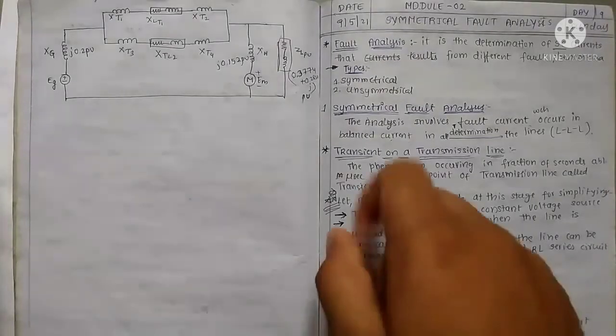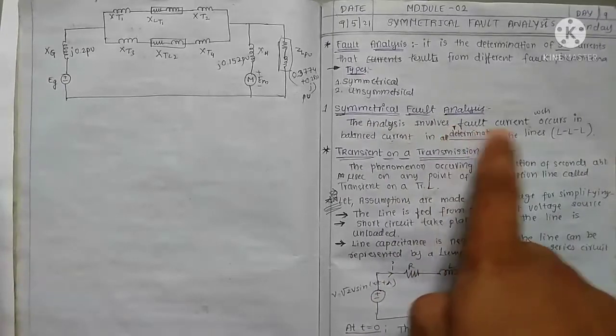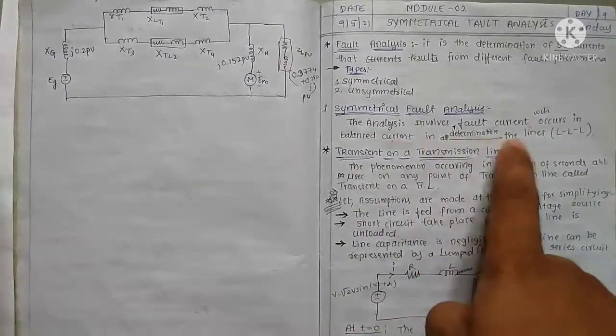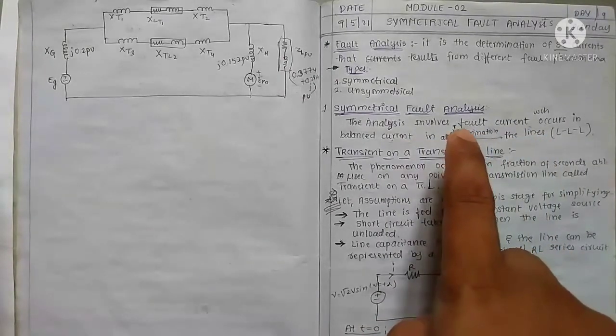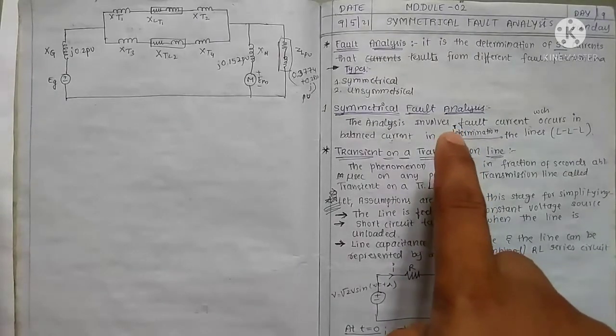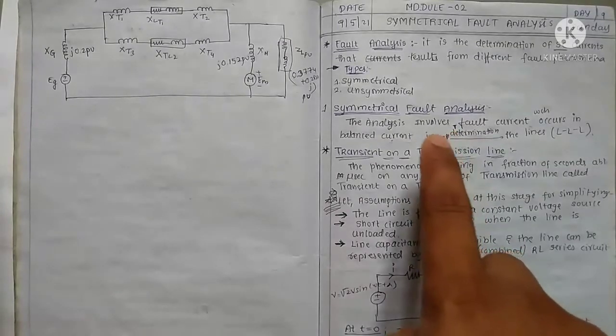That is symmetrical fault analysis: the analysis involves fault current which occurs as balanced current in all the lines. We have three-phase lines, right? In that, the balanced current will flow. That is symmetrical fault analysis. The unsymmetrical fault analysis we deal with in the next module.